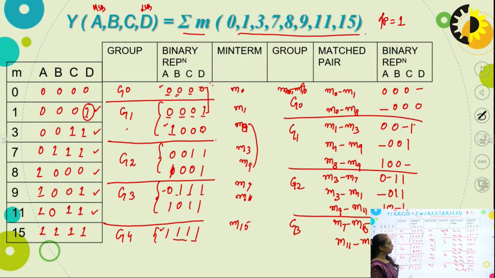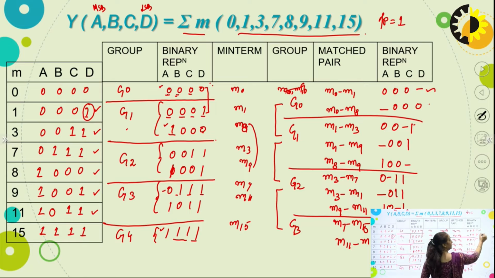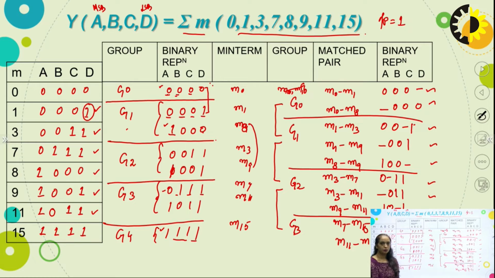In the second step, we are going to compare these two groups, then these two, and then these two groups. And we are going to remove 2 variables now. Till now, we have removed a single variable in each term, right? You can see that a single variable is removed.